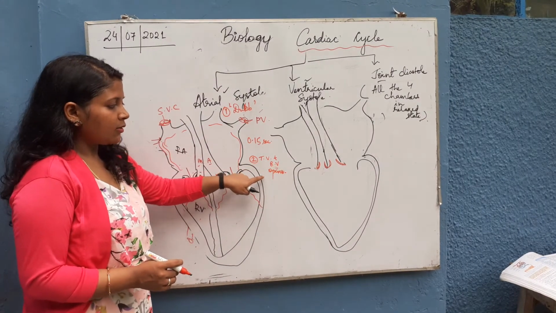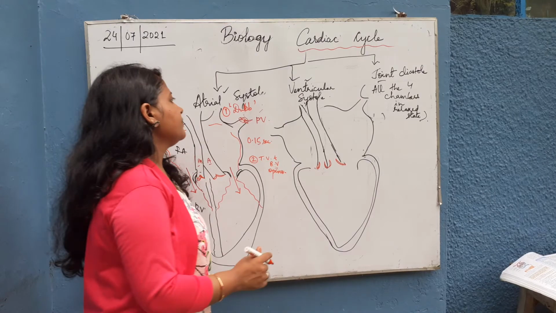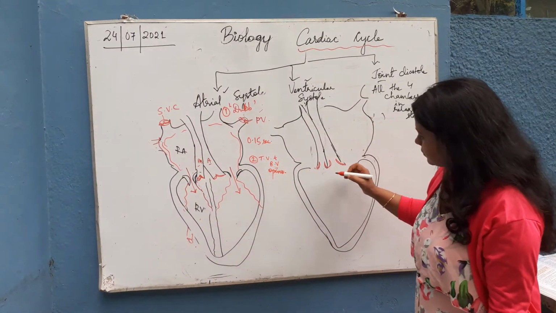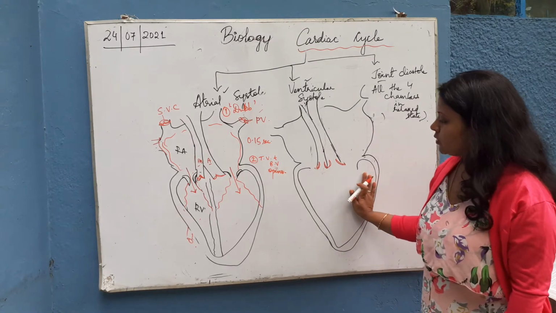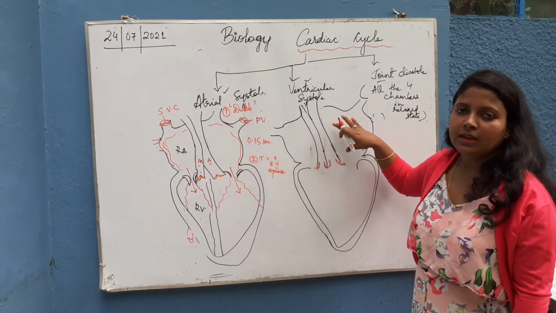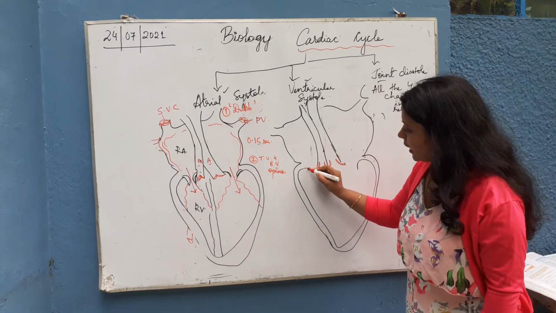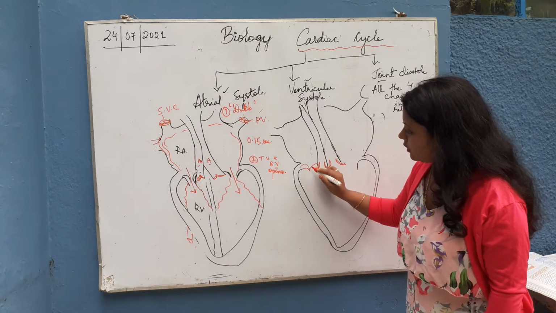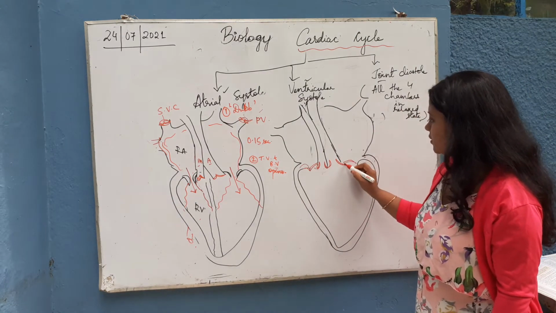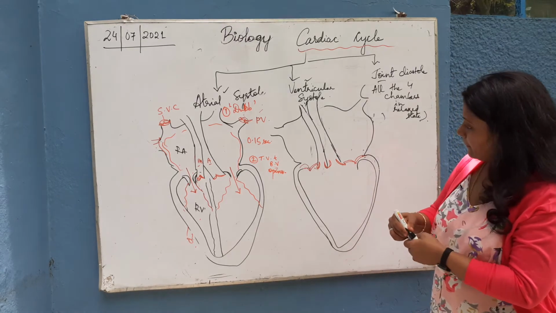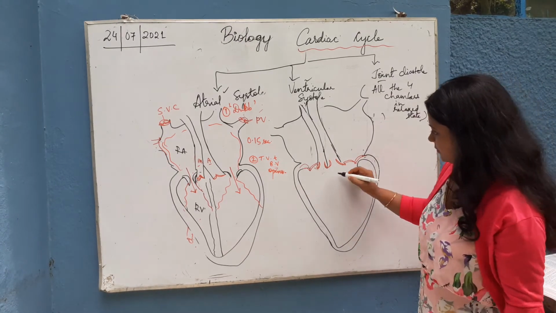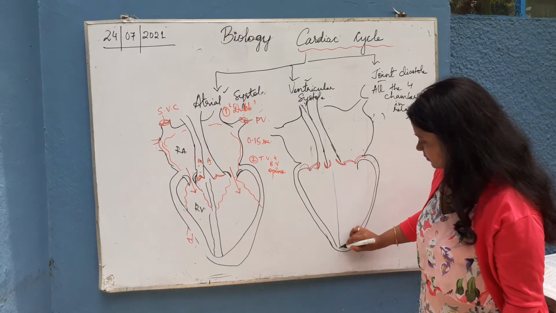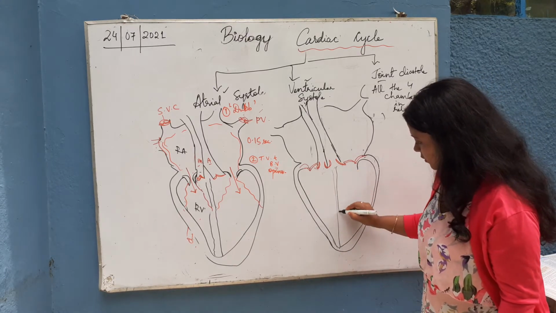Then in the ventricular systole, the opposite happens, because the ventricles will now be contracting and the atria will be relaxing. So here the tricuspid valve will close. This is closed now. But the semilunar valve is open up here. The semilunar valve is open.